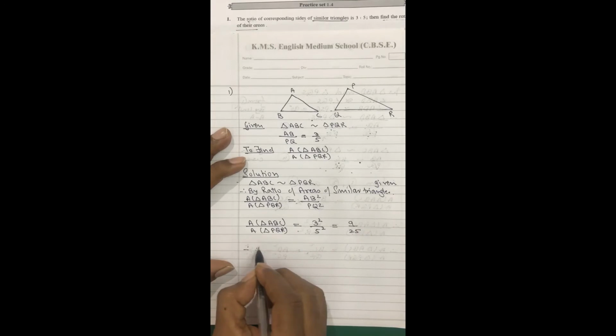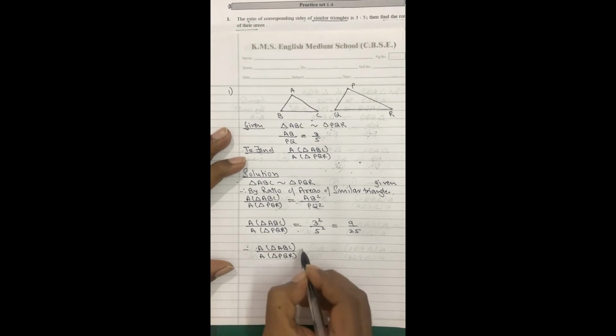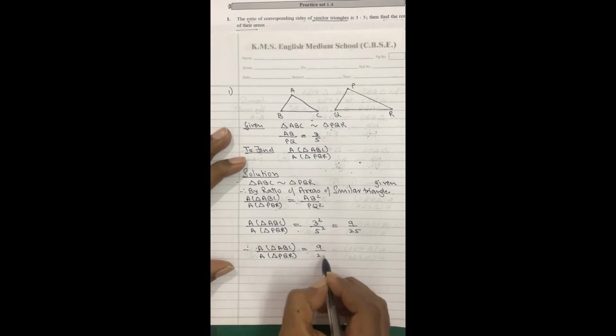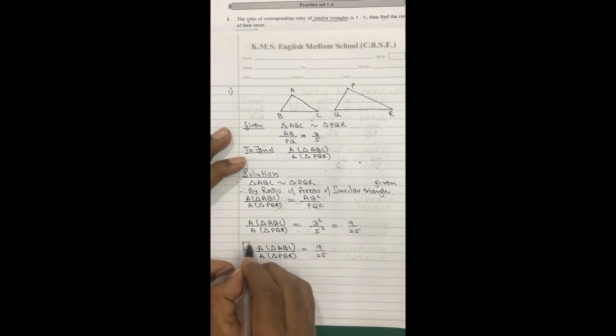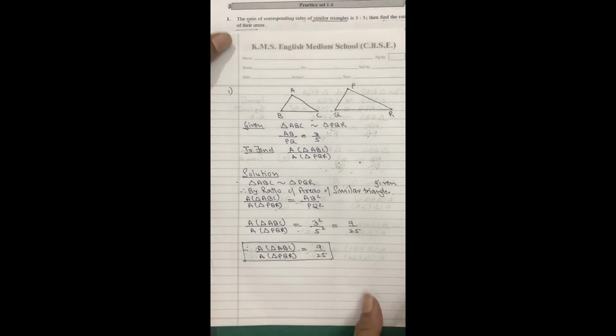So therefore this is my answer. Area of triangle ABC upon area of triangle PQR is equal to 9 upon 25. This is the solution. Understood, my dear students? So I hope this is clear. Very easy to start with.